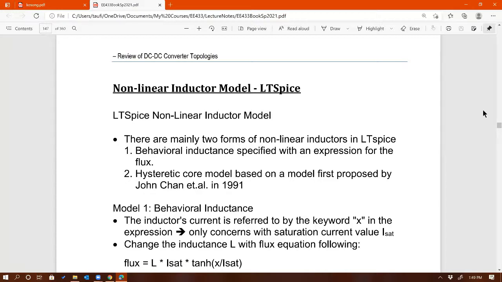The shape of the inductor current in a DC to DC converter, and then the different operating modes. Continuous conduction mode, discontinuous conduction mode, and boundary conduction mode, right? And then I derived the general equations for finding the critical inductance, and also the peak value of the inductor current. And then I believe I started a little bit on the buck converter, and I'll continue that.